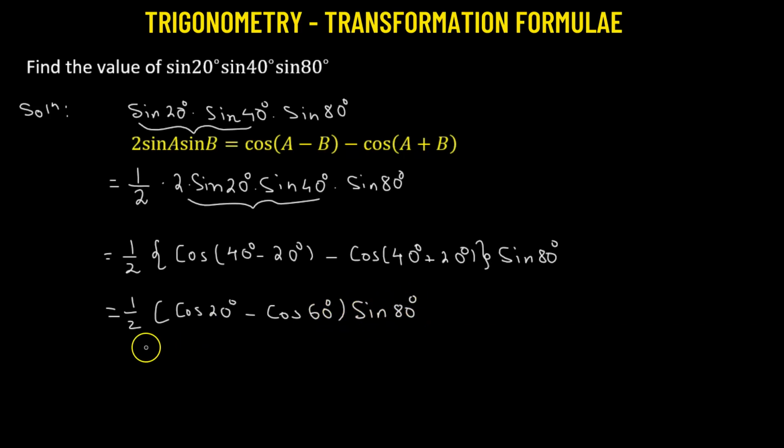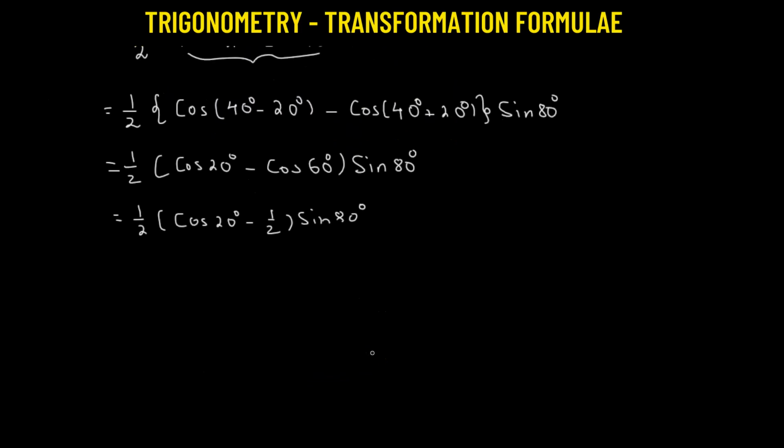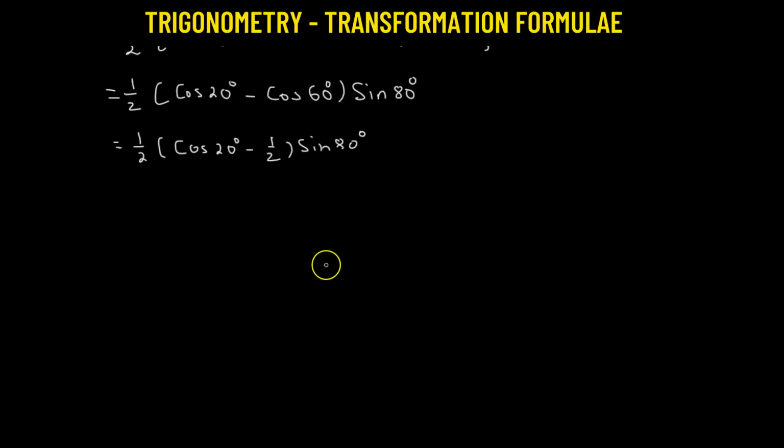Now we know the value of cosine 60, that's a standard trig value of 1/2. So we have half times cosine 20 degree minus half times sine 80 degree. Let's multiply sine 80 degree to each of the terms within the parentheses, and this is going to give us half multiplied to cosine 20 degree times sine 80 degrees minus half times sine 80 degrees.